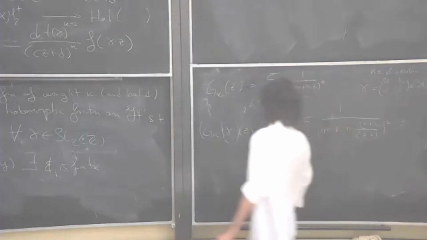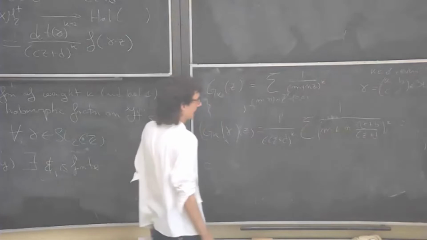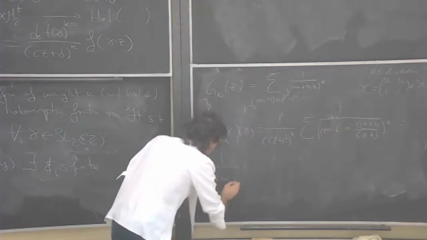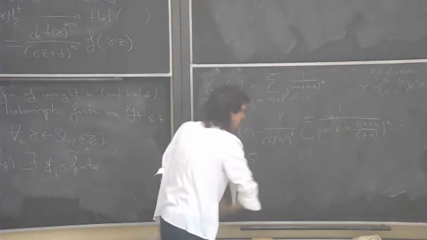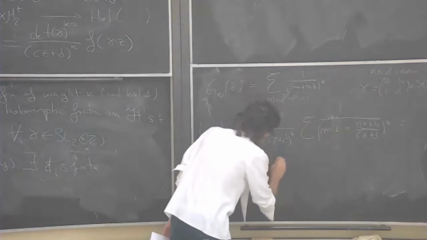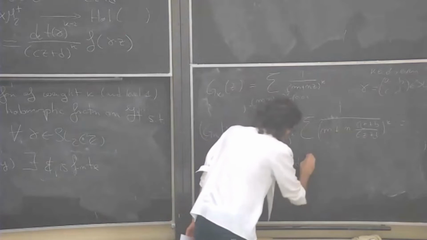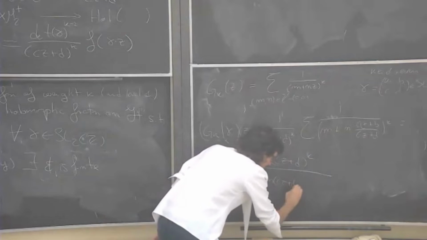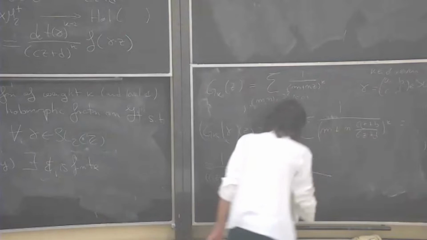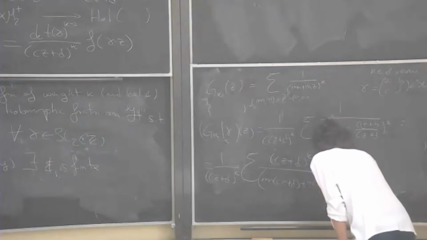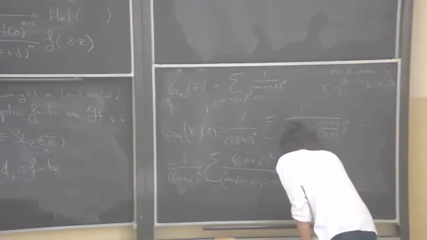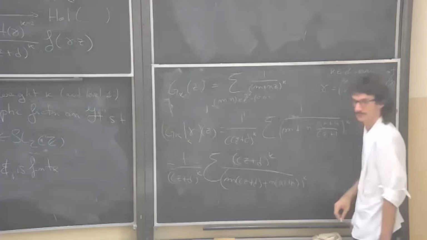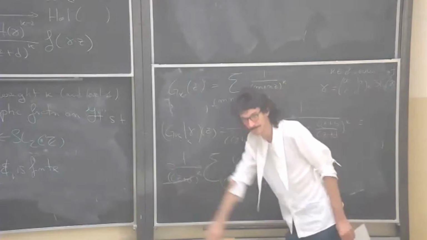This is none other than 1 over (cz plus d) to the k, times the sum of (cz plus d) to the k over (m times (cz plus d) plus n times (az plus b)) to the k. So this cancels this one.